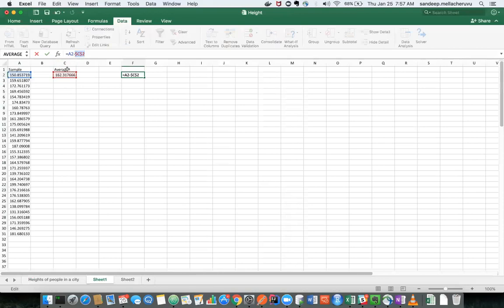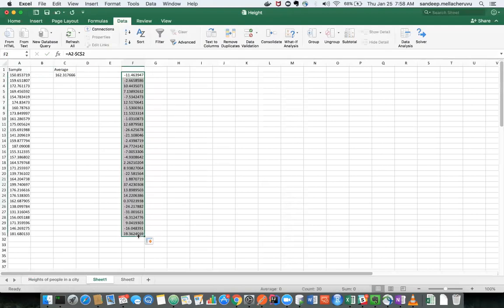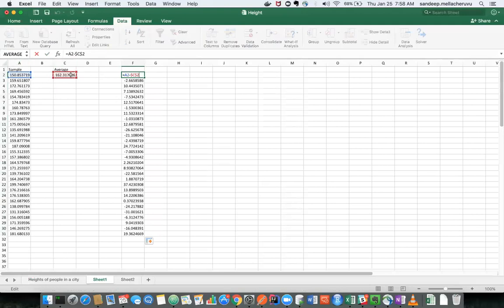What it will do is make this value a constant, and then I can just drag it until the end. Now every point has been subtracted with the same average. A2 is this one minus this average, A3 is this cell minus average, and likewise for everything.